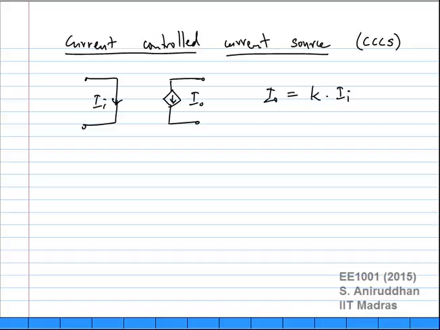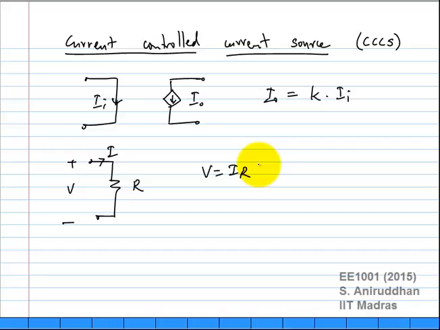Now actually one other point. If you look at the elements we have seen so far, I'll use the resistor as the simplest element. I have a VI relationship which is V equals IR, right?